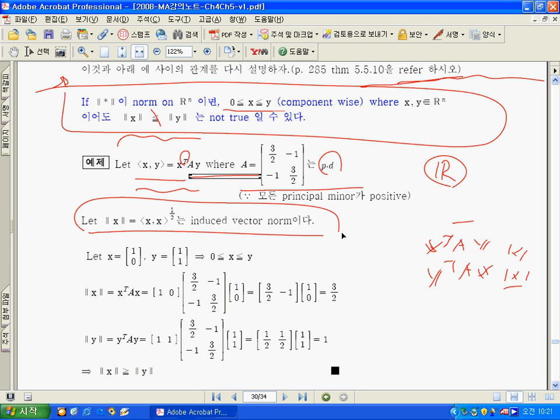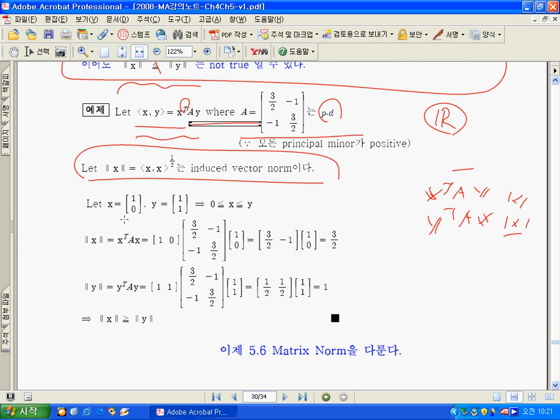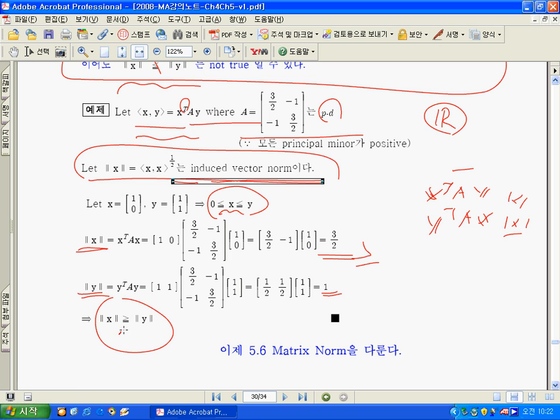We know this is an induced vector norm, as you see, and let x and y be in this way. Then component-wise, it satisfies this inequality. You find the norm of x is 3/2, and the norm of y is equal to 1. As you see, the order has been changed.